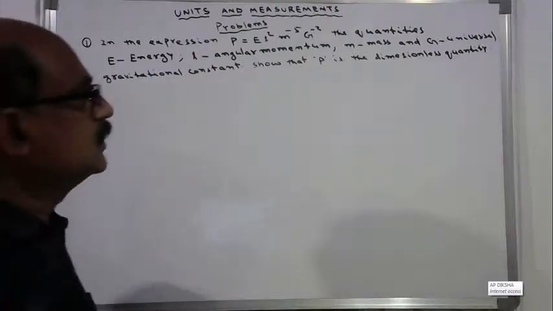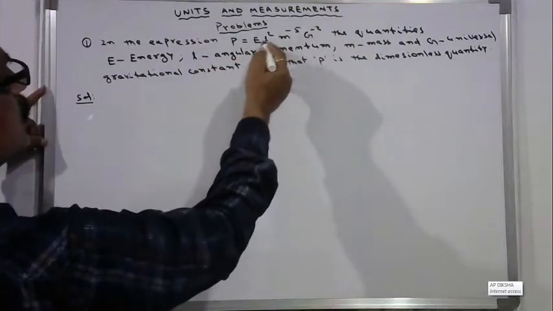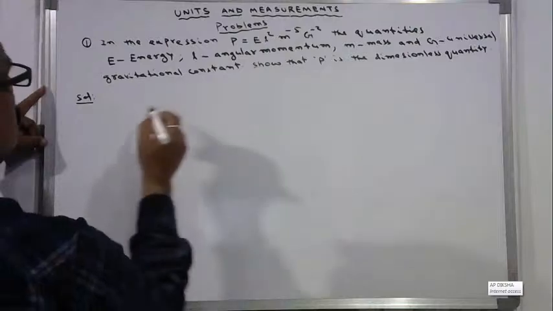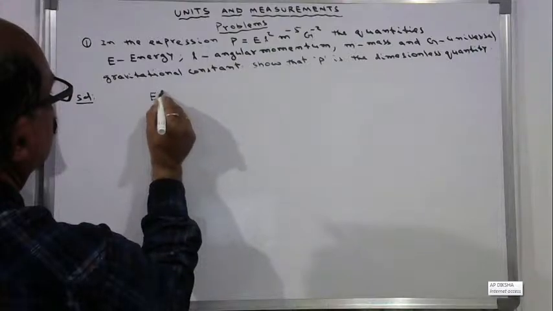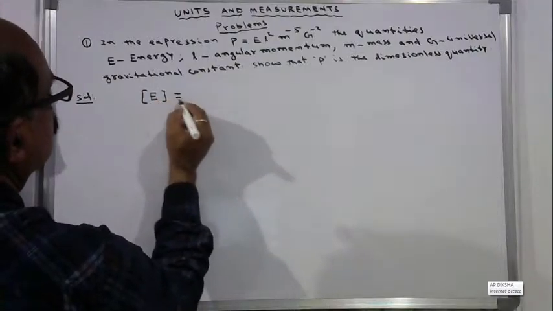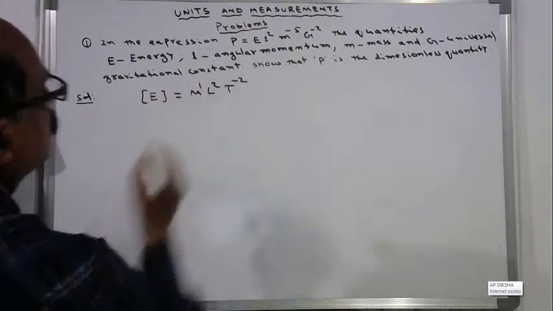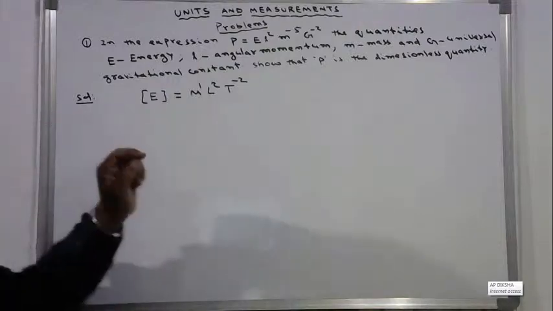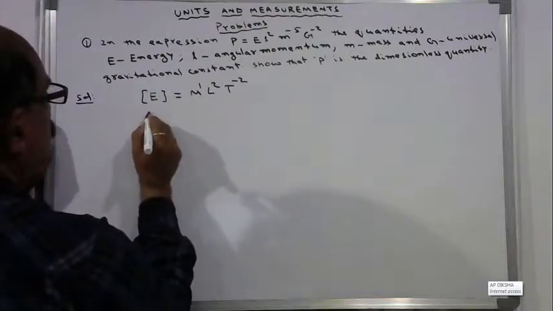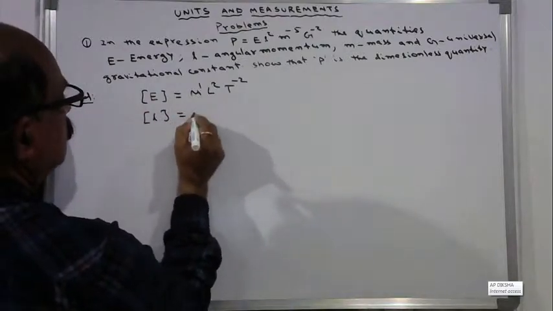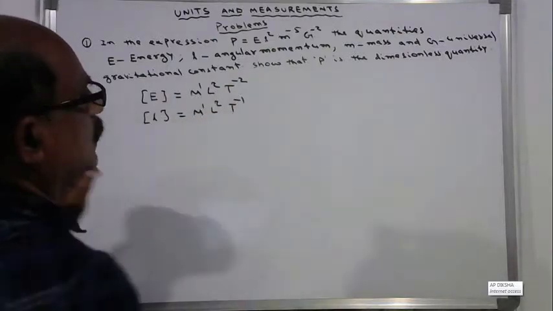For this, first of all, we have to write down the dimensional formulas of each physical quantity. What is the dimensional formula of energy? E is equal to m power 1 L square T power minus 2. Next, the dimensional formula of angular momentum L is m power 1 L square T power minus 1.